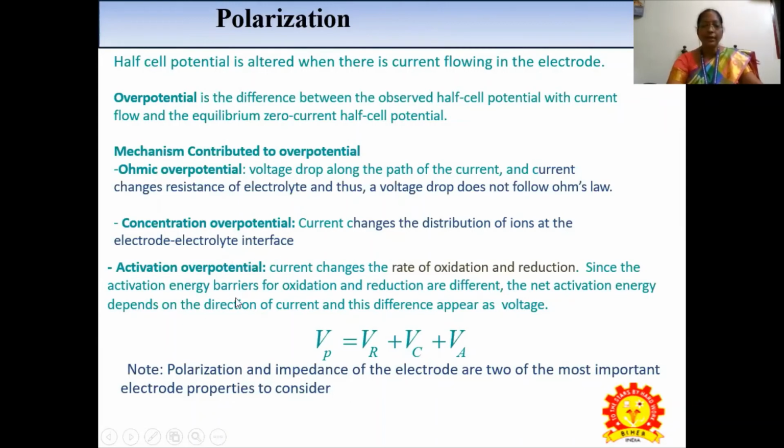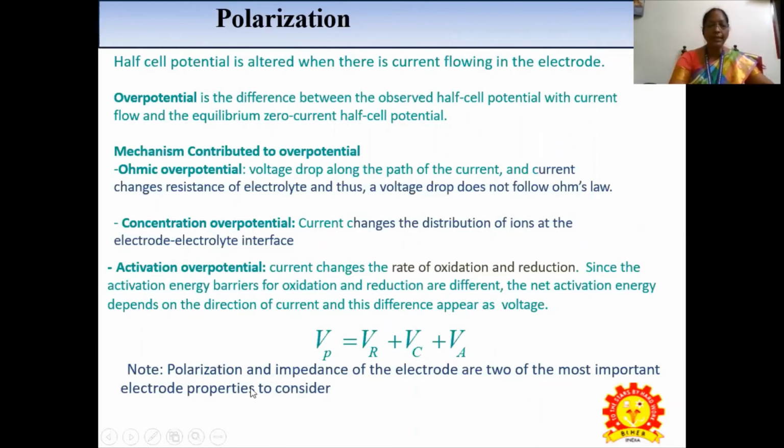Activation overpotential is where the current changes the rate of oxidation and reduction. Since the activation energy barriers for oxidation and reduction are different, the net activation energy depends on the direction of current, and this difference appears as a voltage. Vp equals VR plus VC plus VA.